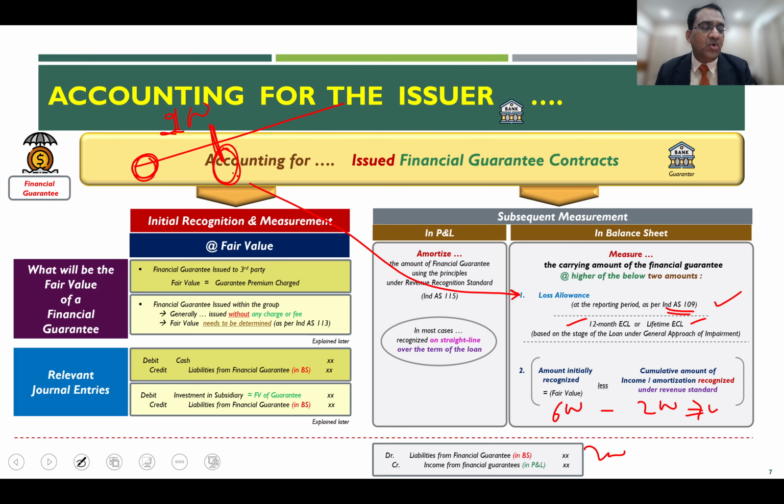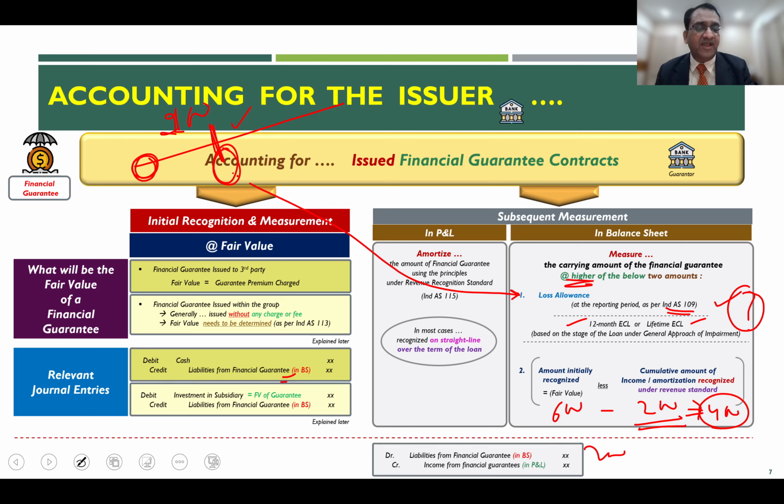So you are left with 400 rupees of the balance in your liability: 600 initially recognized minus 200, which you took to P&L by debiting this liability. So 400 as compared to the exposure which you have at the end of year number 1. The higher of these two amounts you need to record.